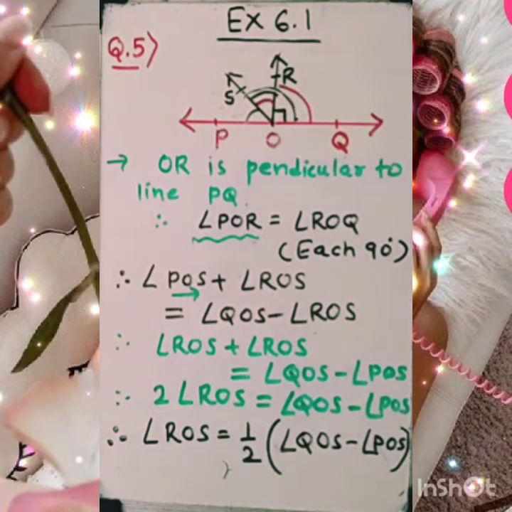Finish. If you compare this, it is what we were given to prove. So in the final answer we need to mention hence proved. This is the complete solution of question number 5 of exercise 6.1.